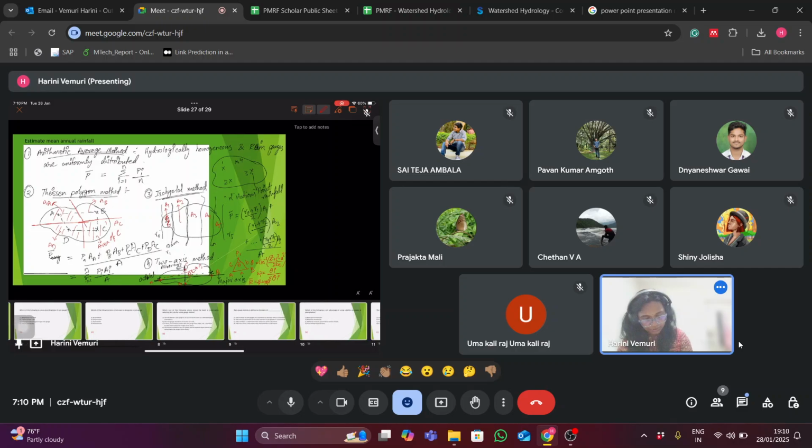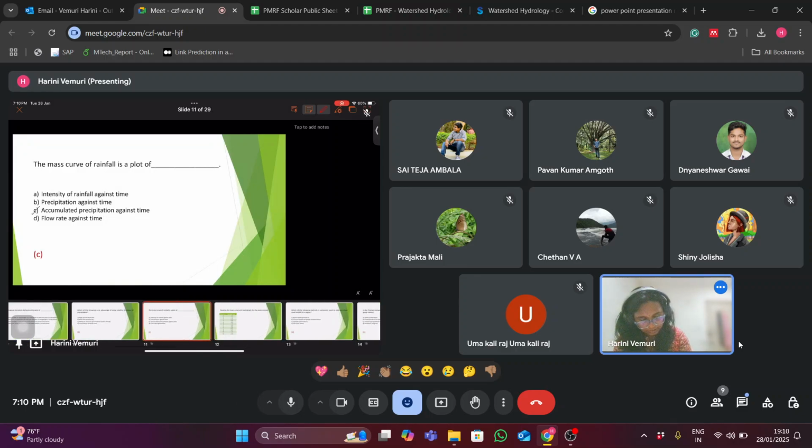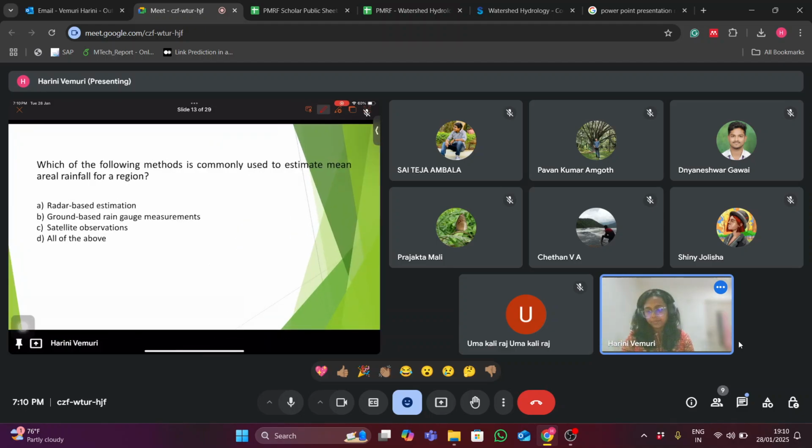Now let's go for some questions. The first question is, which of the following methods is commonly used to estimate mean annual rainfall for a region? First option is radar based estimation, second option is ground based rain gauge station, third option is satellite observation, fourth option is all the above.